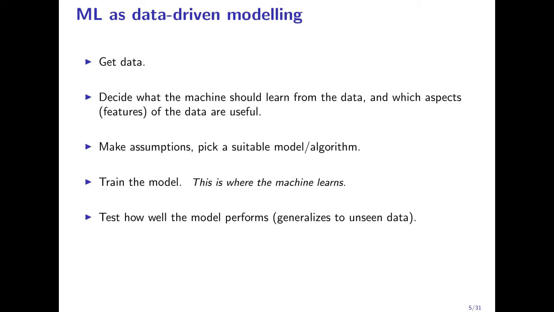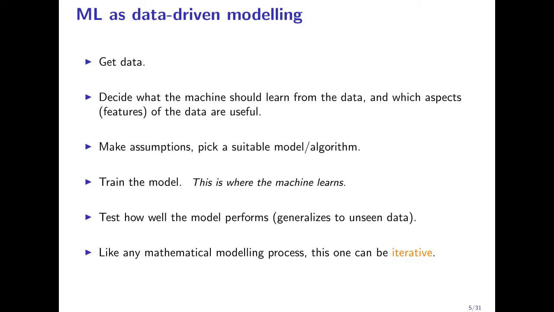And then what usually happens with mathematical modeling is that we then go back. So in a sort of iterative way, we can then say, well, we're not very happy with the way that it performed, so maybe we should go back, get more data maybe, get the data from a different source. Maybe we should rethink what we think can be learned from the data, which aspects are useful, maybe not the ones that we thought are useful.